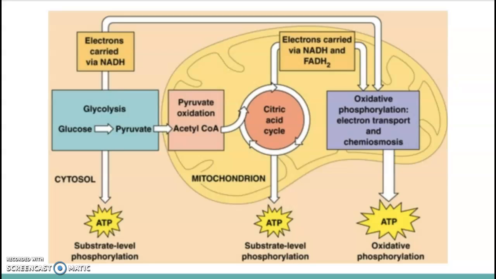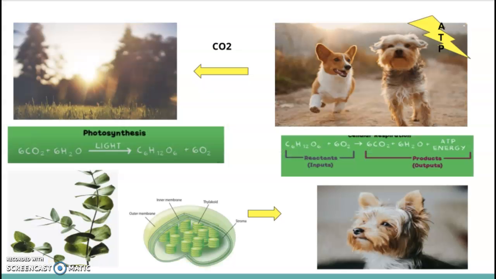The electrons and oxygen combine with 2 hydrogen protons, which creates water. And this is where dogs can now be active thanks to the ATP. So from all that process, they finally get the energy that they need to be active.